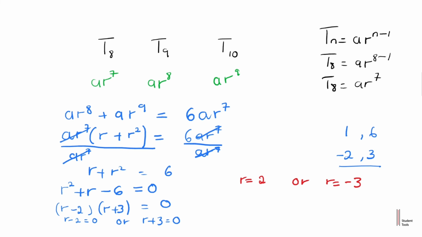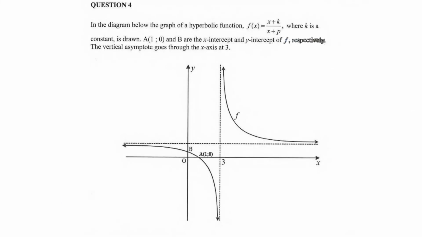Okay, now let us move on to question 4. Question 4, we are doing functions. And here we have a statement which says, in the diagram below, the graph of a hyperbolic function.